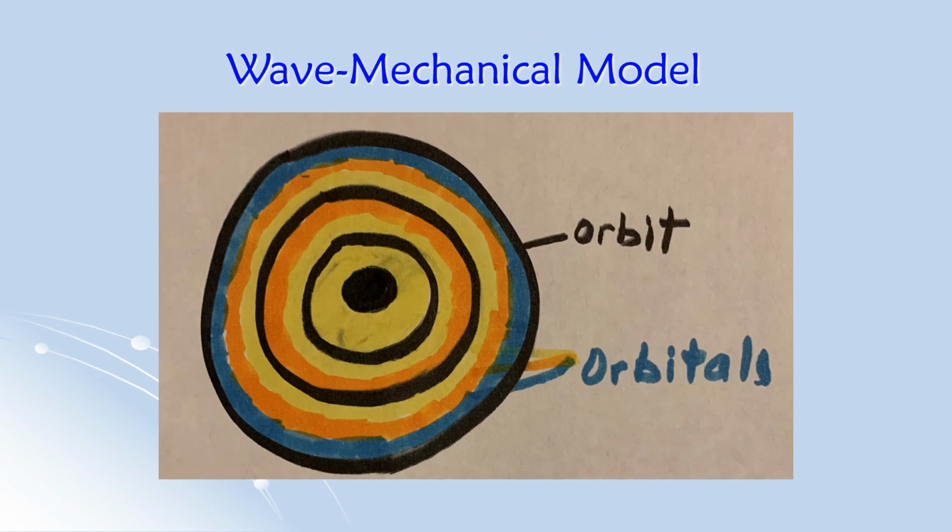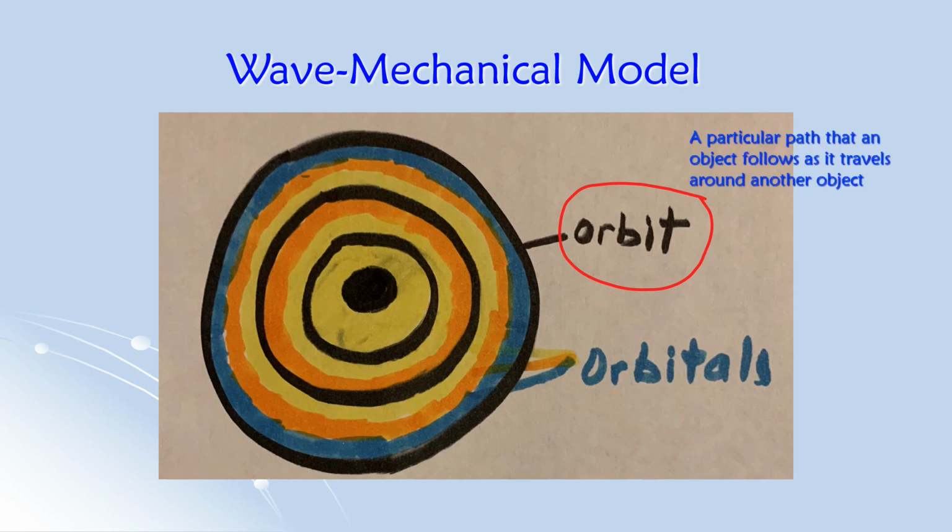To make that easier to visualize, here we have a picture. Those black lines represent the orbits. Remember, orbits are what Niels Bohr told us: the fixed spaces in which electrons are revolving, with fixed sets of energies associated with them. But then Schrödinger said that we have these orbitals.